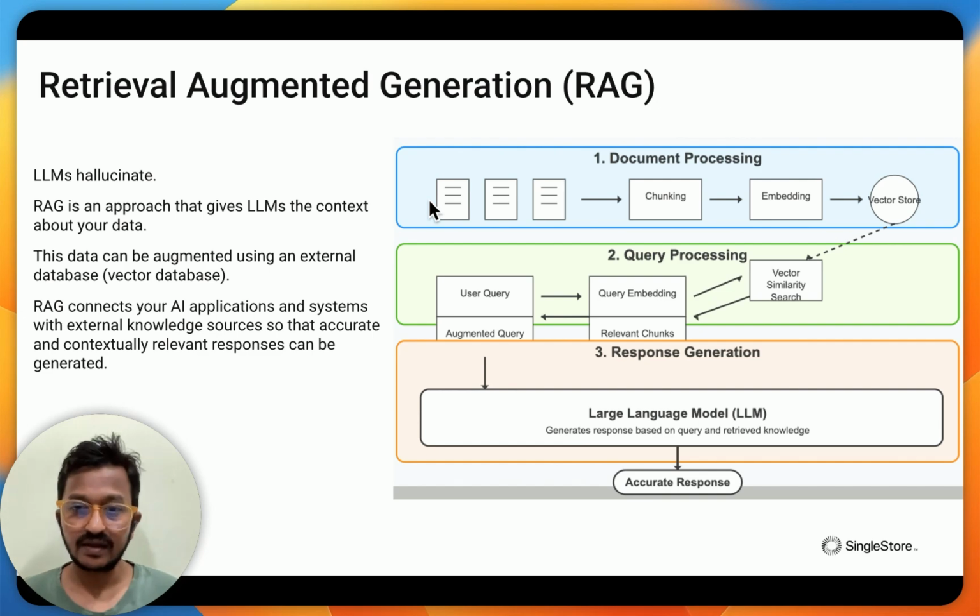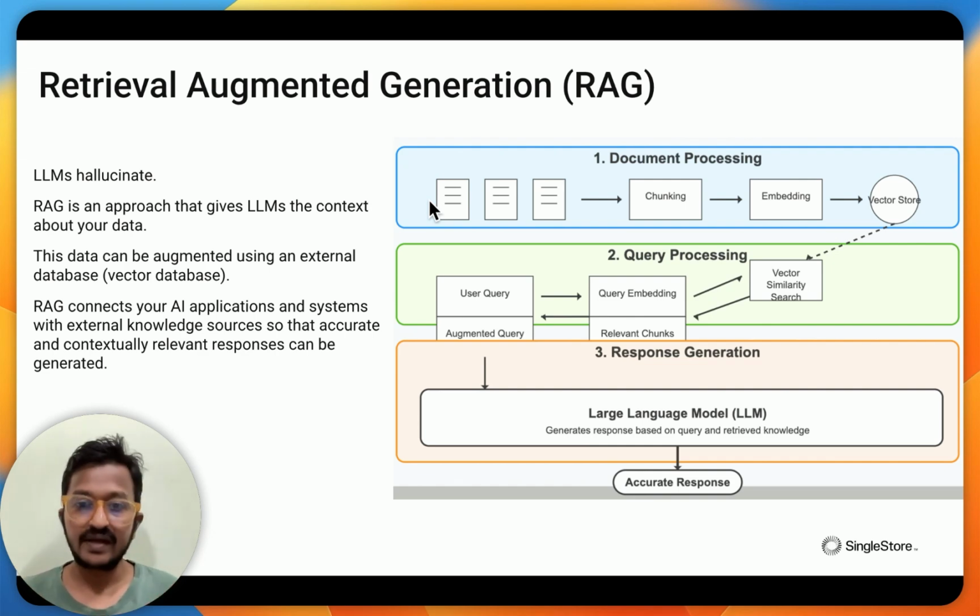As you can see in the image, it all starts with document processing. The whole document gets chunked, and every chunk is assigned a numerical representation, and that's how vector embeddings are created. All these vector embeddings are stored in a vector store, or what you call a vector database.